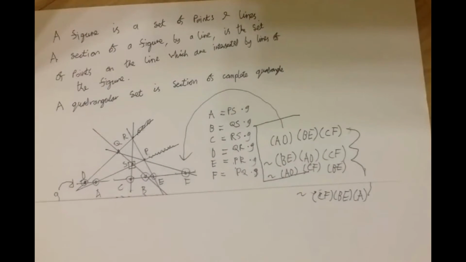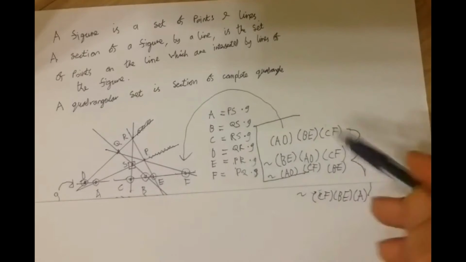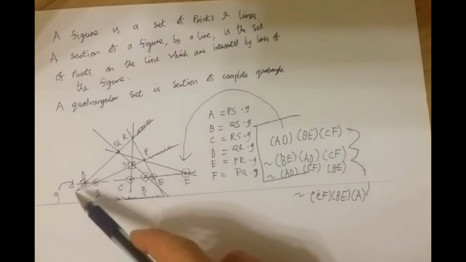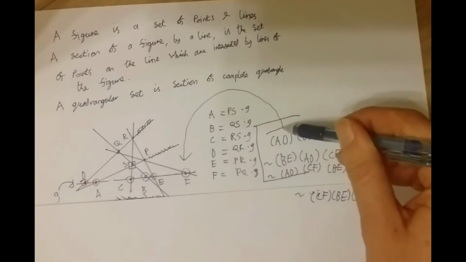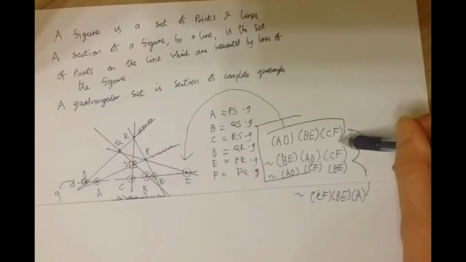So I strongly encourage you to check this. Obviously, we got this quadrangular set here, and then I've just told you that we're going to use this convention of writing it like this.